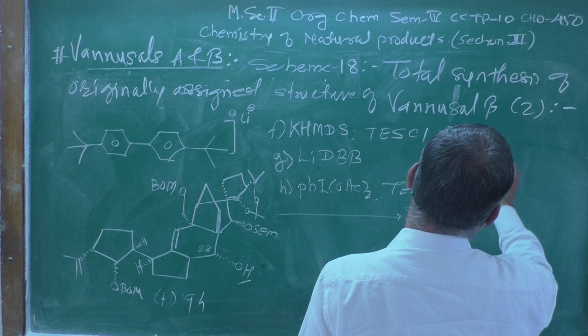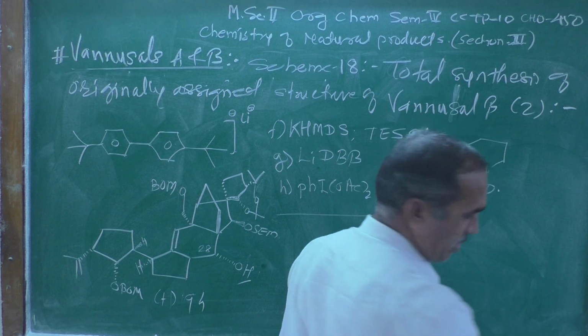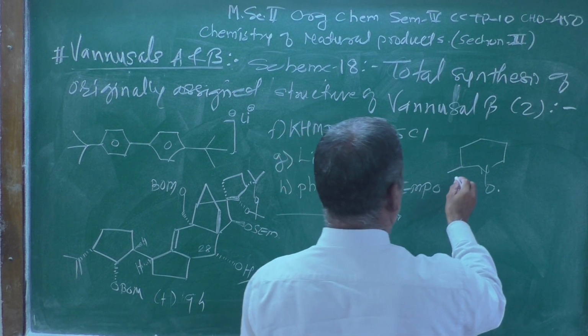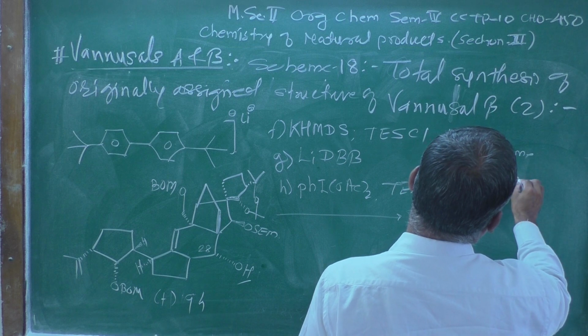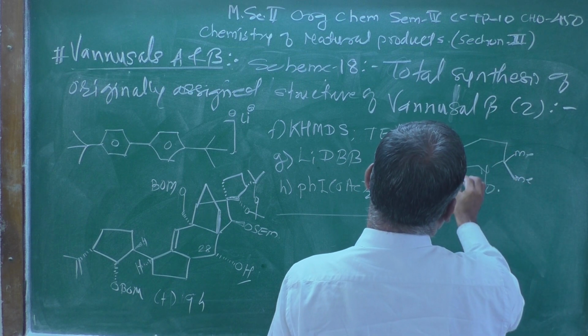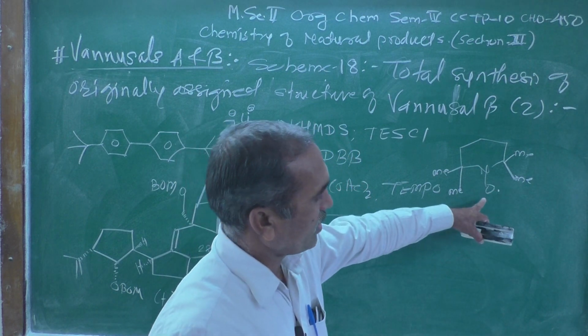You can see the structure of TEMPO here. At this position there are dimethyl groups, Me, which you can show like this, and this is a free radical.